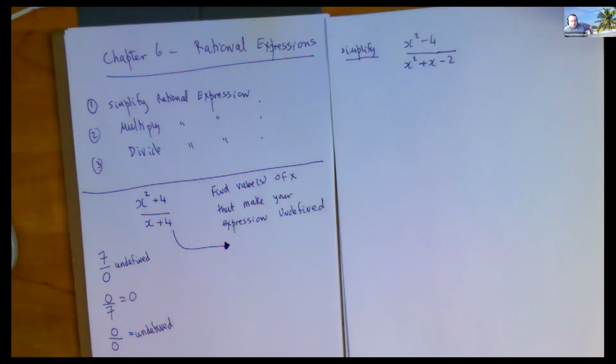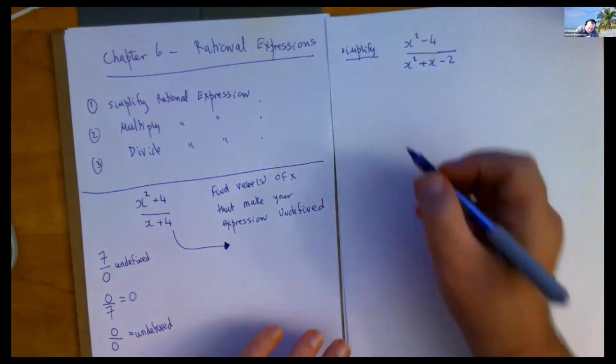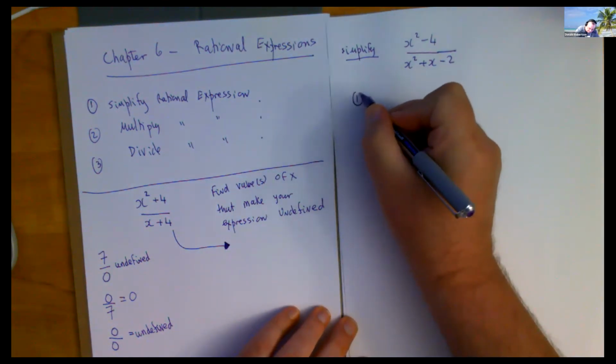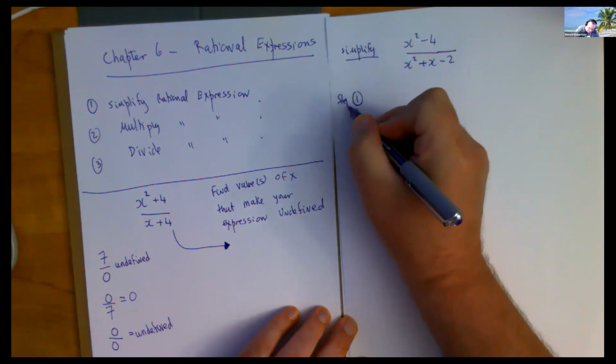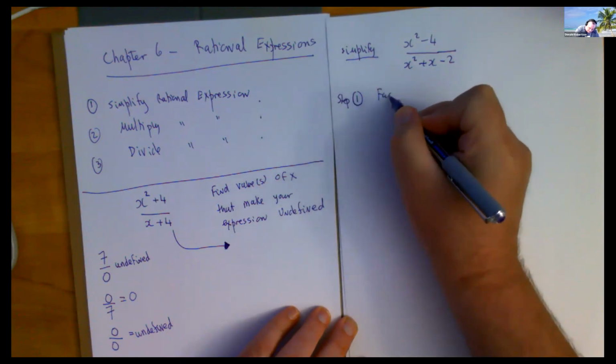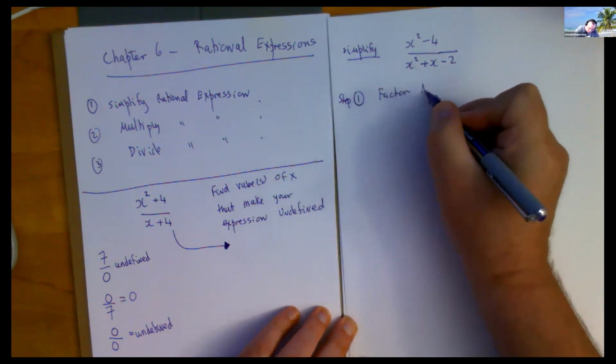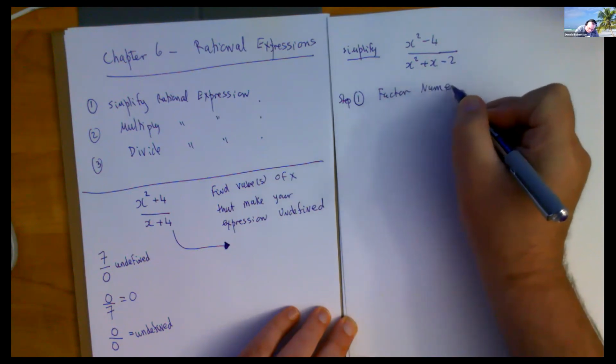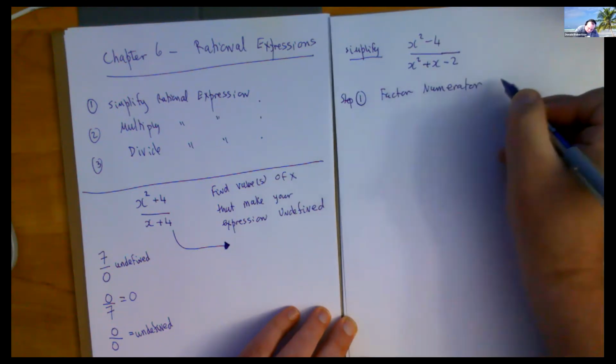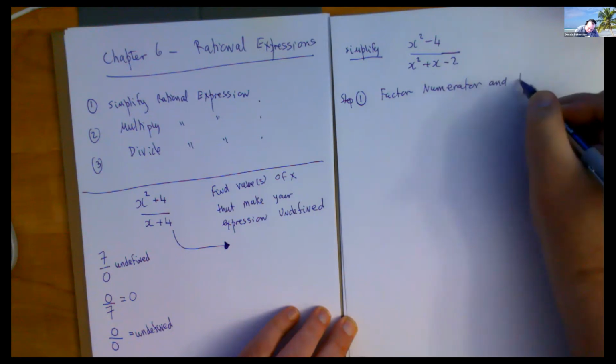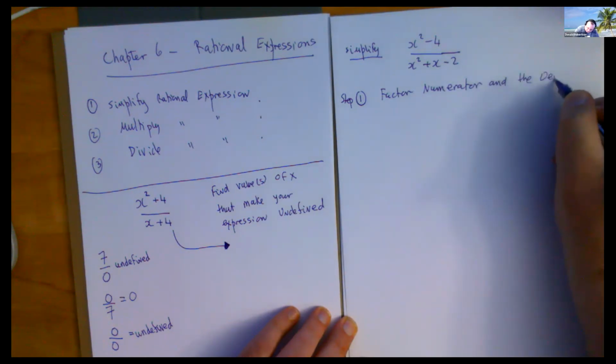If you want to simplify any rational expression, then what you have to do is the following. Step 1. Factor the numerator and the denominator.